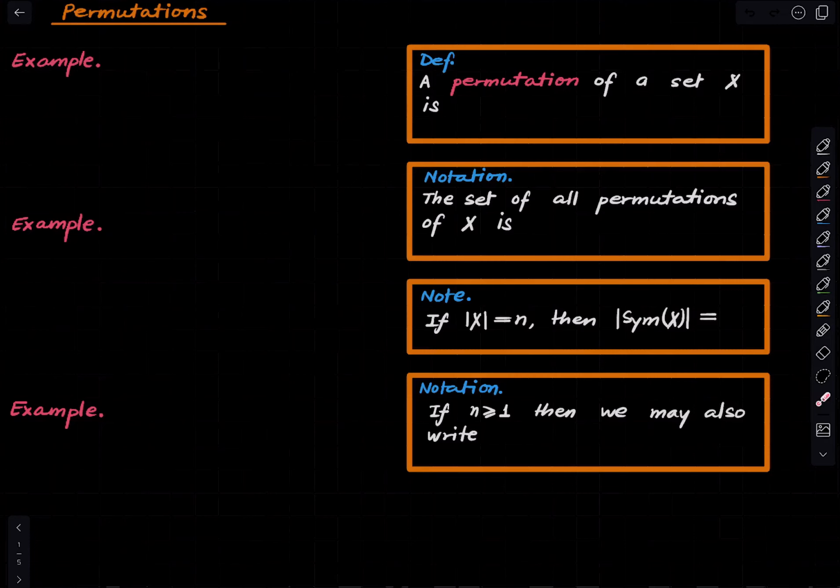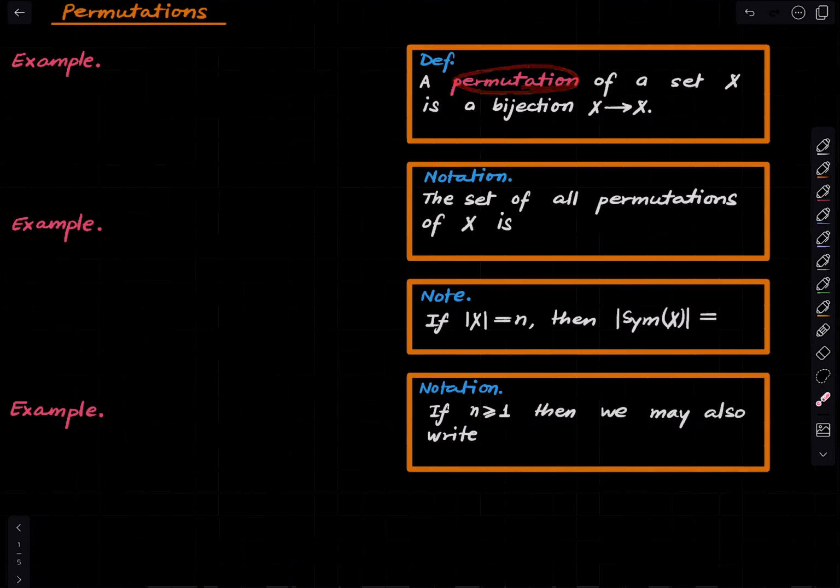So first let us define what is a permutation of a set X. A permutation of a set X is, by definition, a bijection of X with itself. It's a very nice definition. What is it doing?